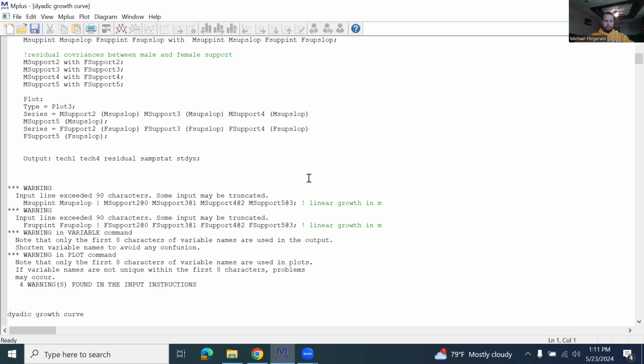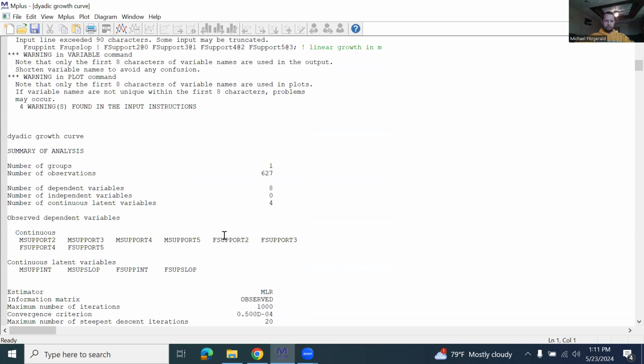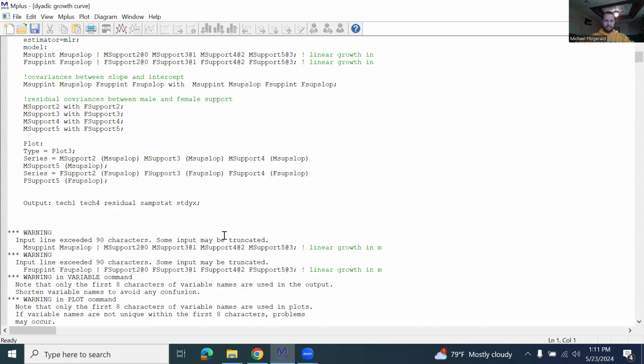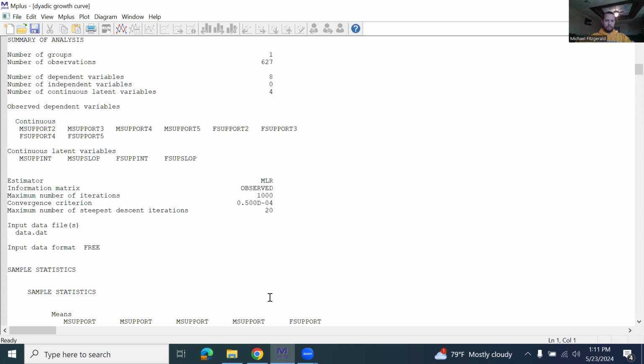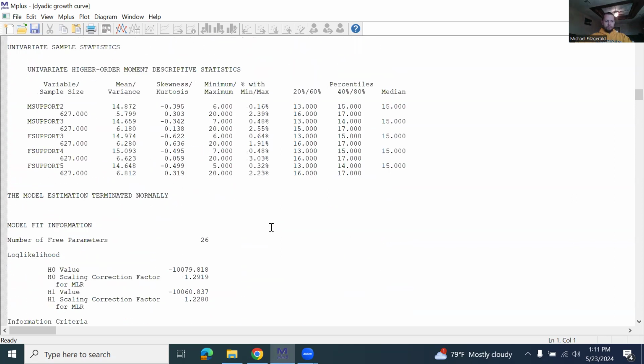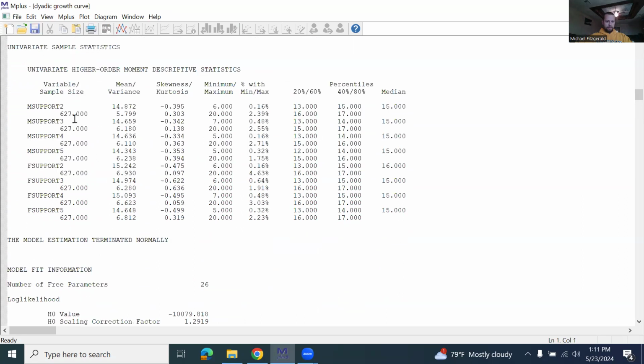And so we can scroll down, we can ignore all of these. These are just Mplus reacting to some of the syntax being longer than 90 characters, but it doesn't pose any problems to the estimation of the model. So we'll scroll over here just to get a gander at what is happening in our model, looking at sample statistics to see whether or not these results look correct.